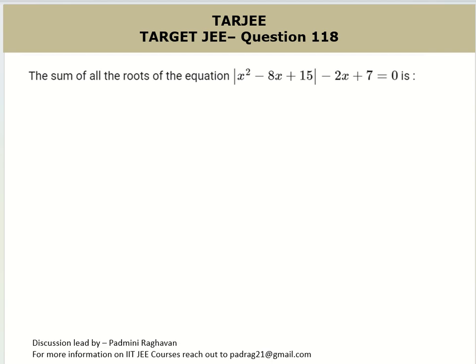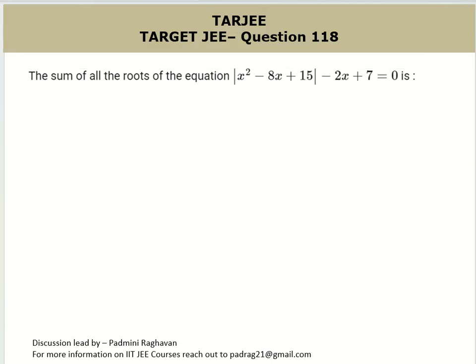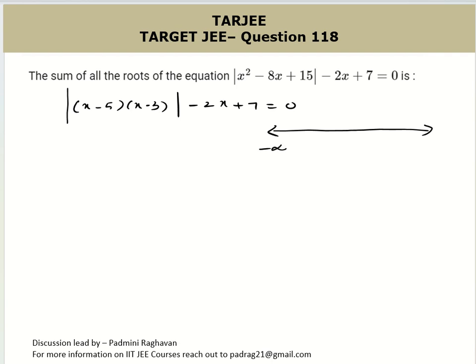So first let us factorize the expression within the modulus symbol. The expression is nothing but |(x − 5)(x − 3)| − 2x + 7 = 0. We know that the term inside the modulus will change its nature to the left and right of 3, and to the left and right of 5.